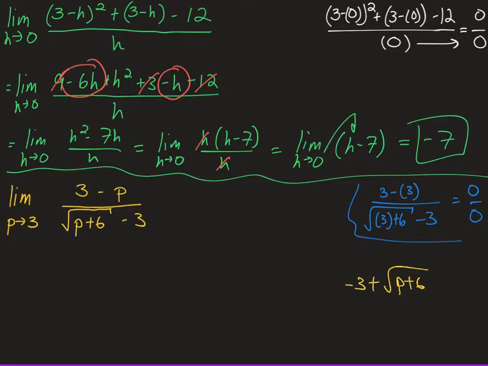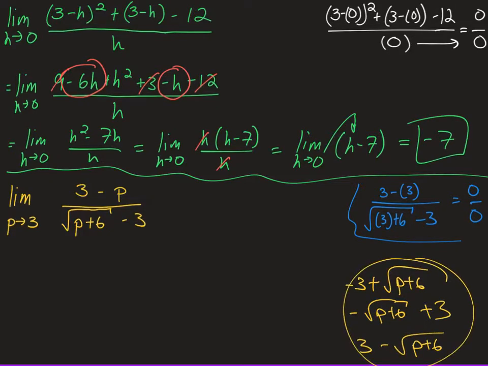The square root could have been negative square root of p plus 6 plus 3. It could have been 3 minus the square root of p plus 6. All of these different variations of this denominator would have been the same clue. I see a square root term with another term being added or subtracted.